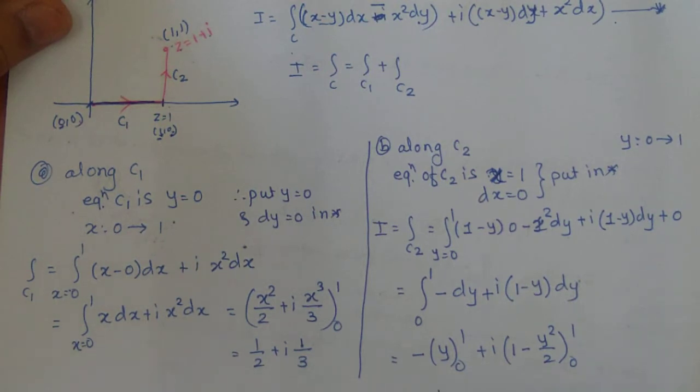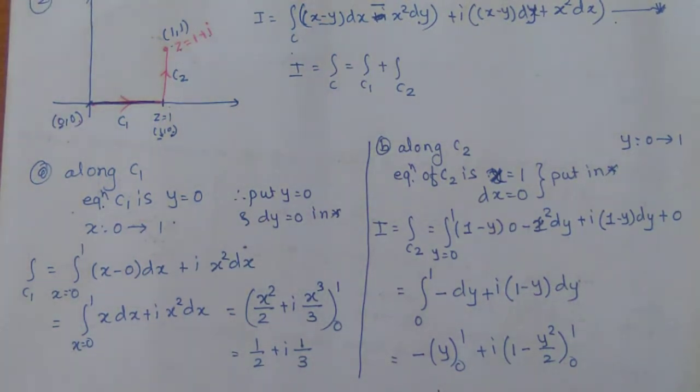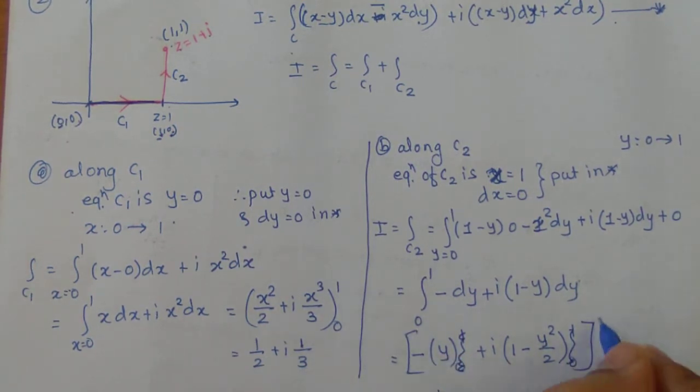Instead of writing the limits here, we write the integration limits from 0 to 1. Now, for the upper limit we get minus 1 plus i times (1 minus 1 by 2), minus the lower limit, which is 0, so the first term is going to be 0, and again this is going to be 0.